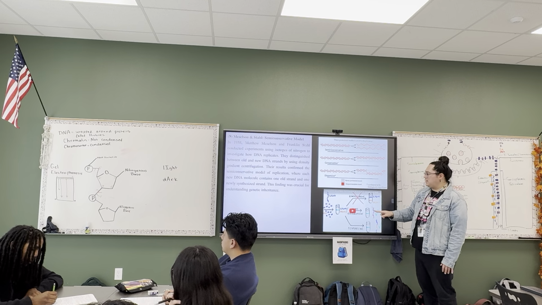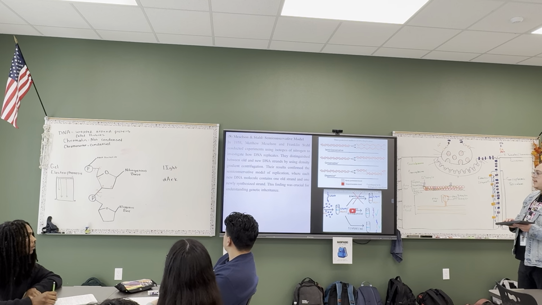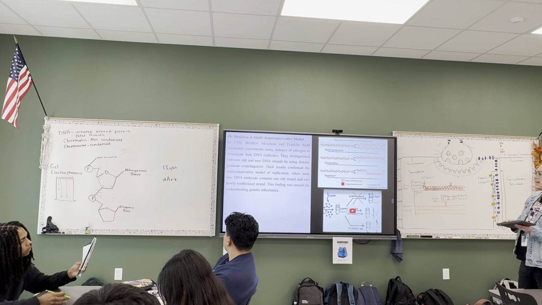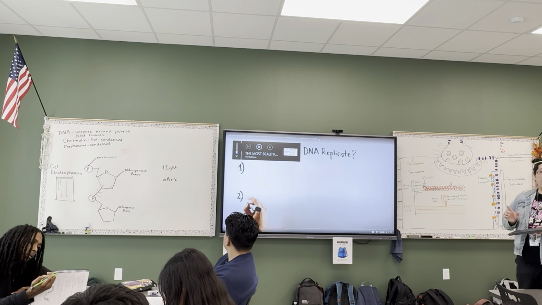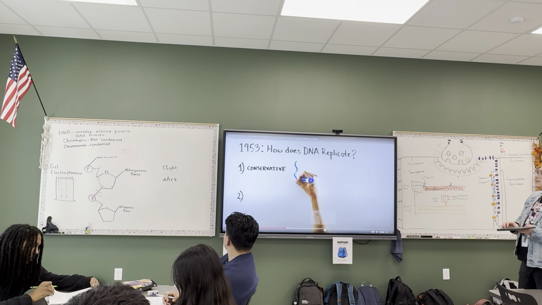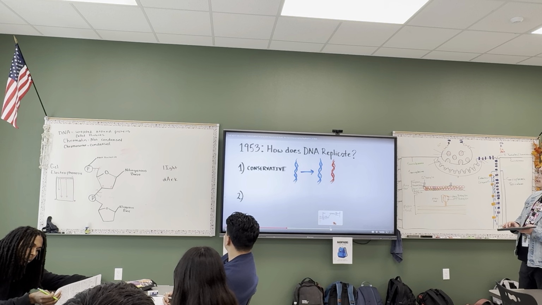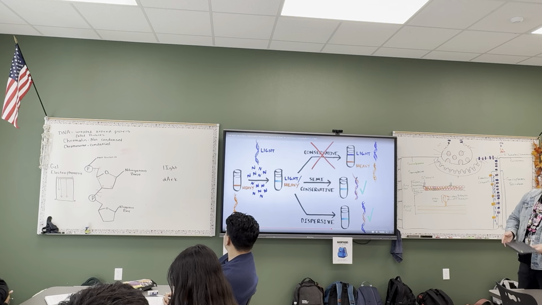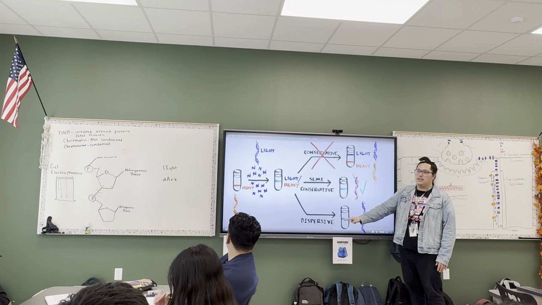They used, and if you see right here, we're not going to watch the whole video, but they basically used radioactive isotopes of nitrogen to figure it out. I'm going to show you this image. Right there. So what they were trying to figure out was, was it conservative, semi-conservative, or dispersive?